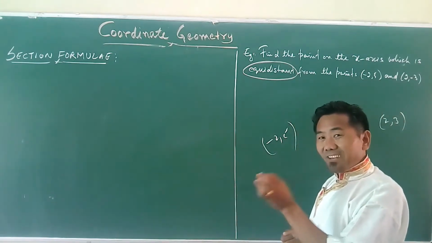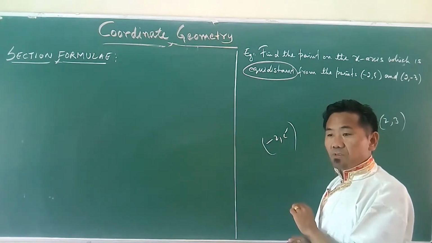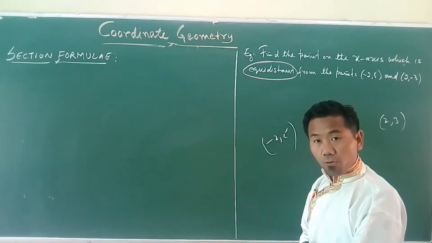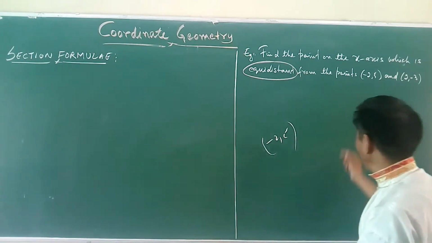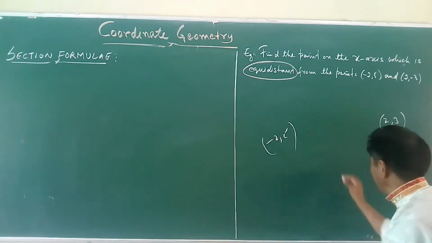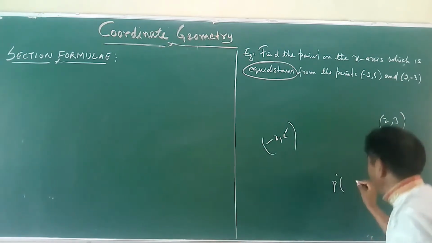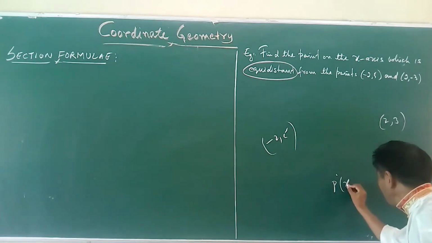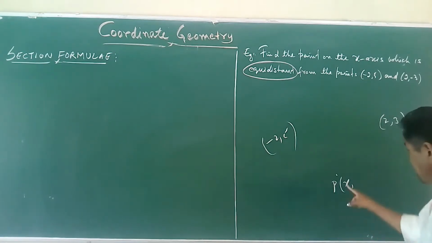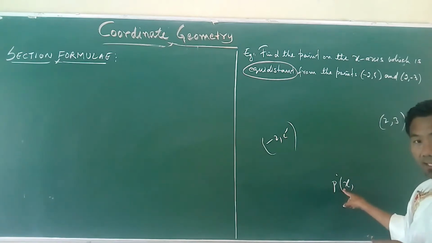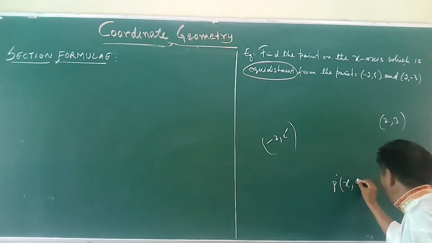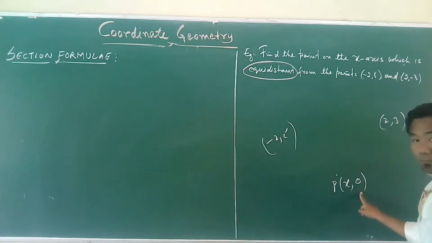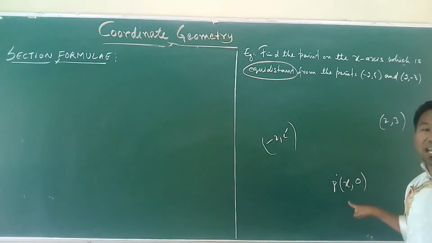If the point is on the x-axis, which means y is equal to 0. Suppose that this is the point P on the x-axis; the x coordinate is the value x itself, but the y coordinate is 0 because this point is on the x-axis.